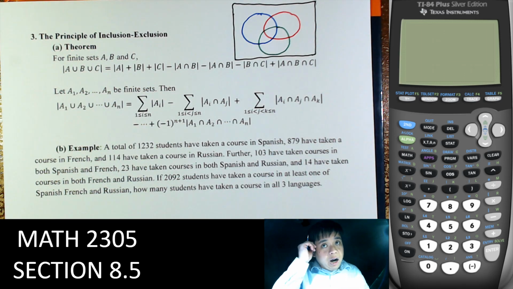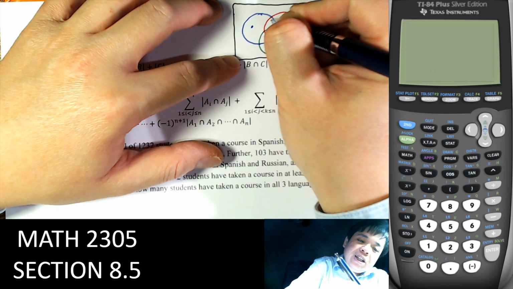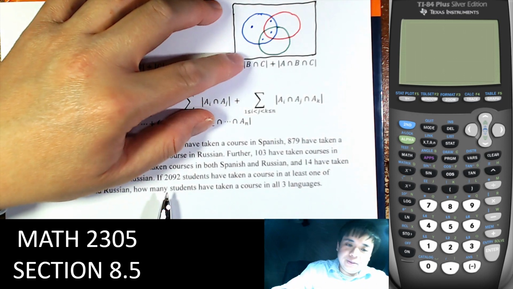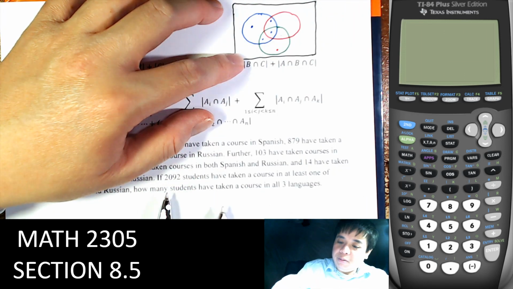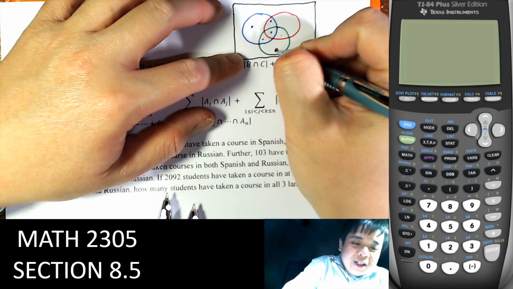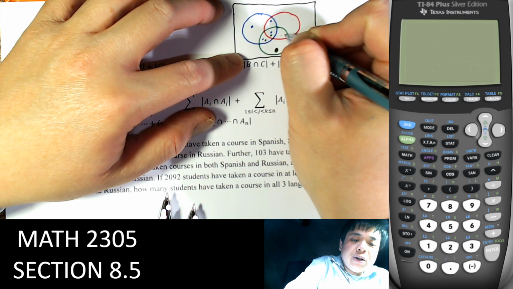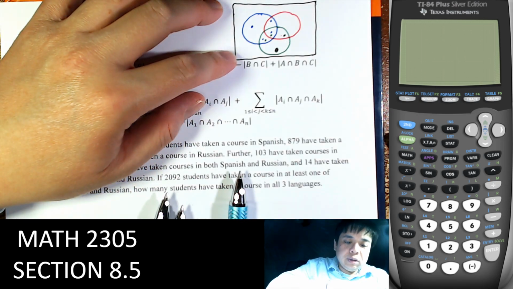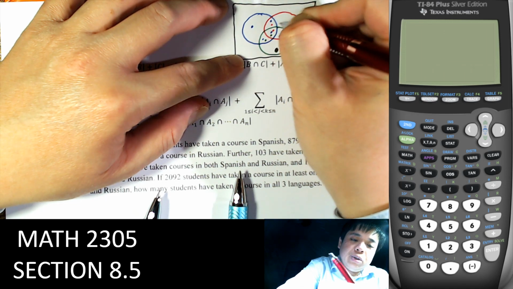Again, for every region we put 1 dot in. So 1 dot here, 2, 3, and 4. And the red, 1, 2, 3, and 4.